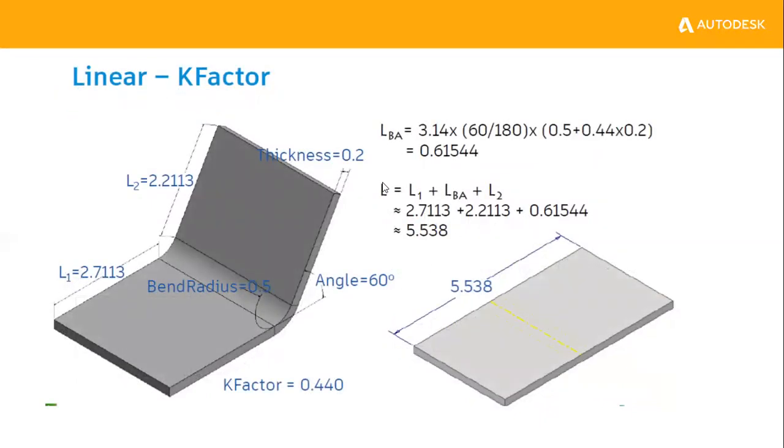From this, what I will get is my total unblank length. Once I calculate my bend allowance, pi into angle divided by 180 into my radius, this is my formula. After applying the formula, the total unblank length I get is 5.538. In this way, we are able to calculate the total unblank length of our sheet metal.